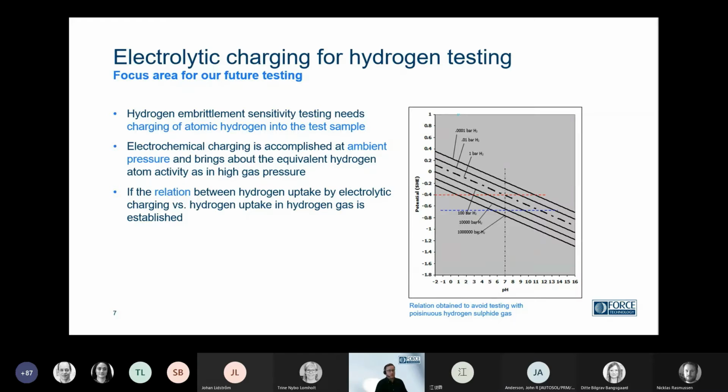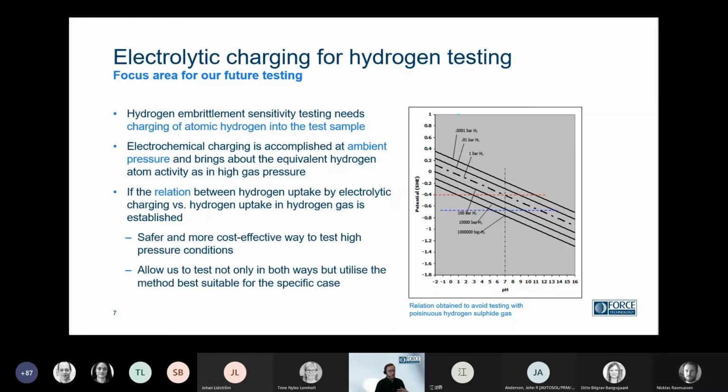If we do manage to find this correlation for the hydrogen gas, we can use that to create a safer and more cost-effective way to test under really high pressure conditions. It will also allow us not only to charge in both ways, but also to select the method that is most suitable for the specific case.